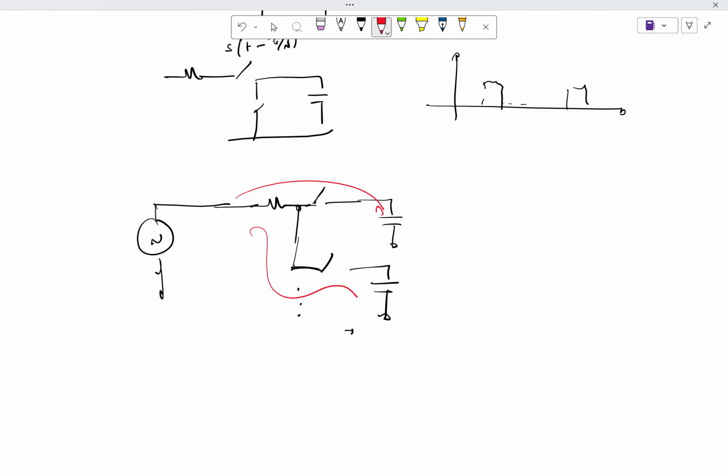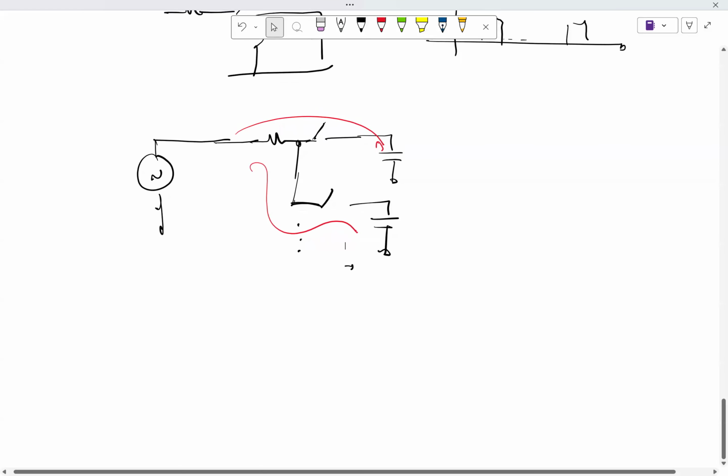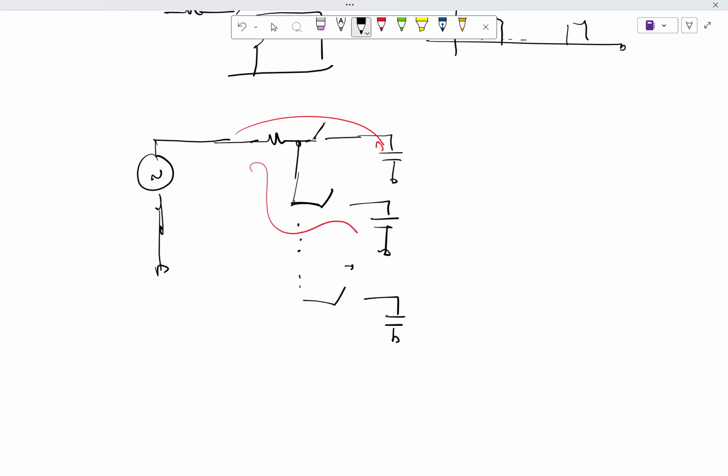And these two phases are not interacting with each other anyhow, because there is no overlap between the clocks. Correct? So similarly, because I have N phases, we can have N of them together. So this is s(t minus Ts by N), and this is s(t minus (N minus 1)Ts by N), right?